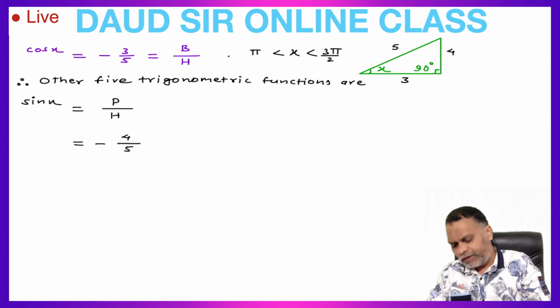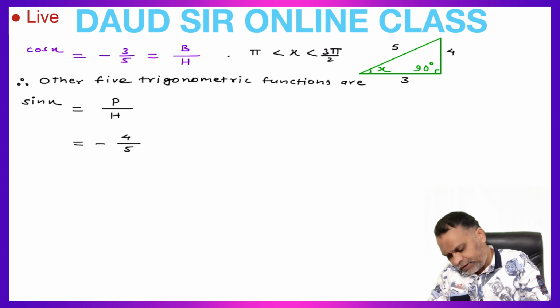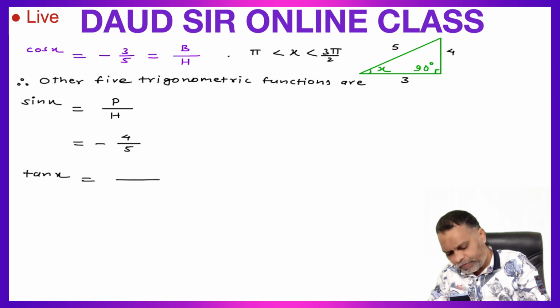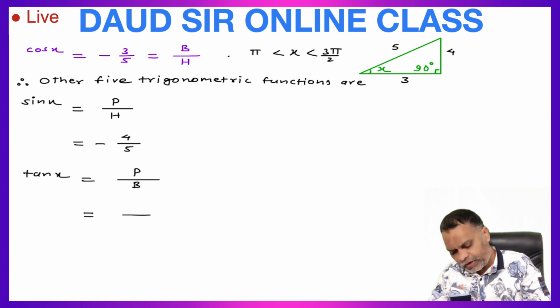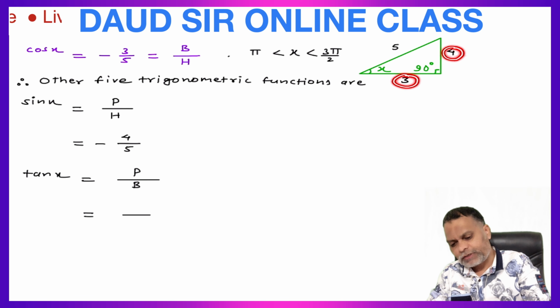Cos is given already. Then tan x is equal to perpendicular upon base. In the third quadrant tan is positive, so plus sign. Perpendicular upon base, this is perpendicular and this is base, 4 upon 3.